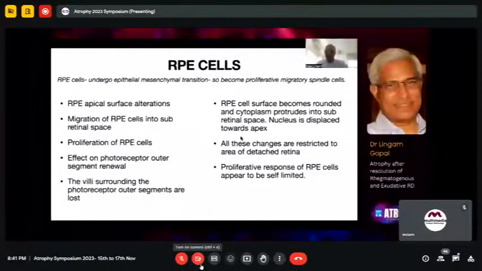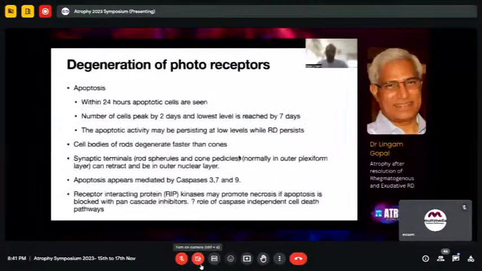However, these changes are restricted to the area of detached retina, and the proliferative response of RPE cells appears to be self-limited. The second important change that takes place is the degeneration of photoreceptors, which is what we are concerned about in this particular presentation.